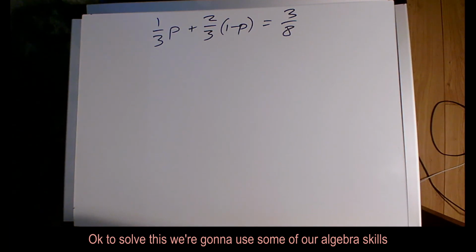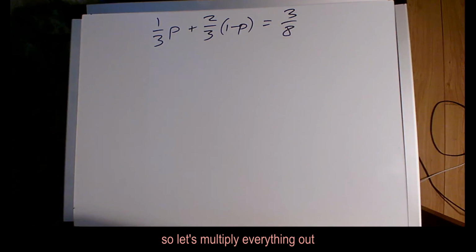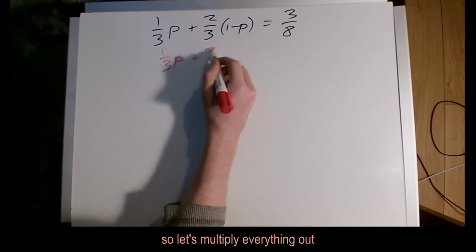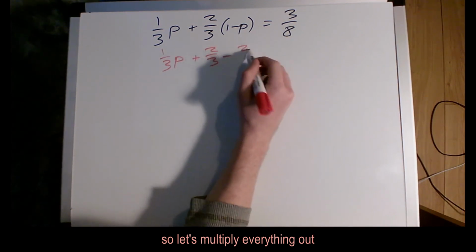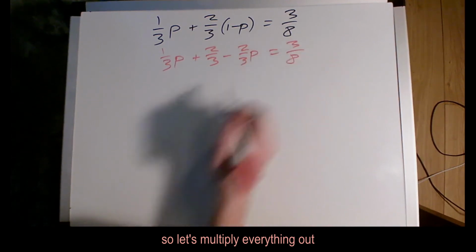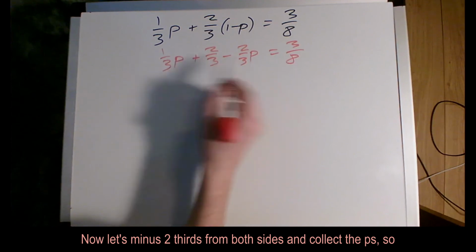Okay, to solve this, we're going to use some of our algebra skills. So we want to find which value of P satisfies this equation. So let's multiply everything out. Now let's minus 2/3 from both sides and collect the P's.